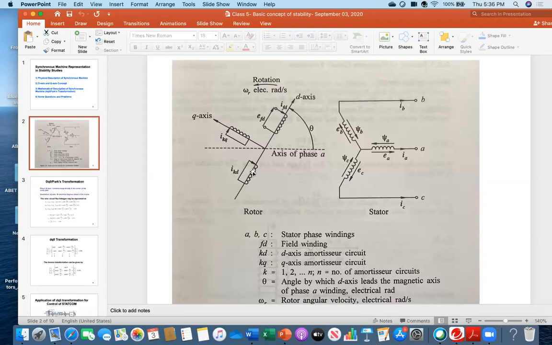And you see there are two other coils. One is in parallel, or in phase, with the main magnetic field. It is called KD. And then from here 90 degrees leading or 90 degrees lagging, that is another coil. These two coils are the damper winding.